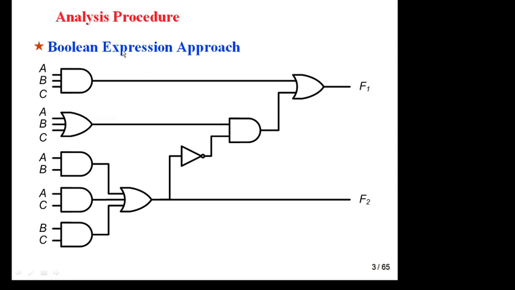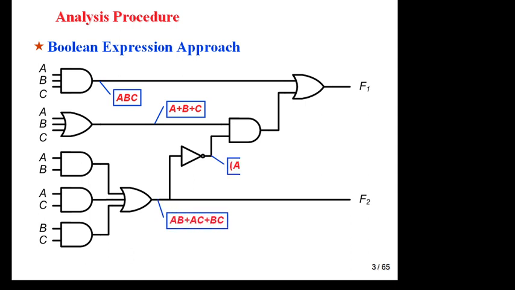Now with the help of these logic gates, determine the outputs. This is ABC, an AND gate; this is A plus B plus C, an OR gate; and this is AB plus AC plus BC. This is the complement, a NOT gate. So A dash plus B dash, A dash plus C dash and B dash plus C dash.